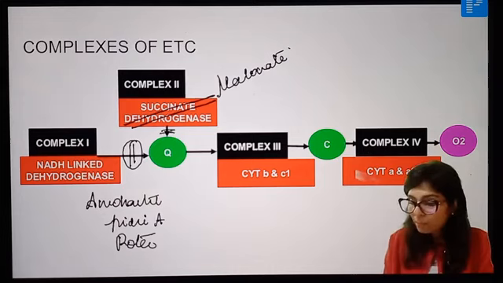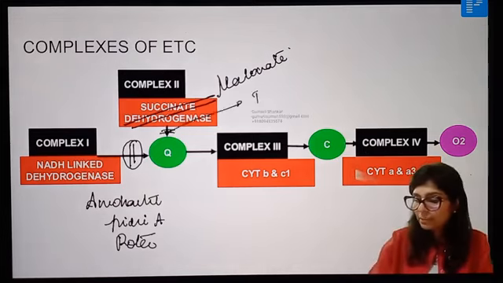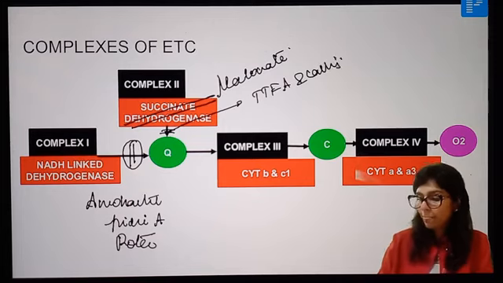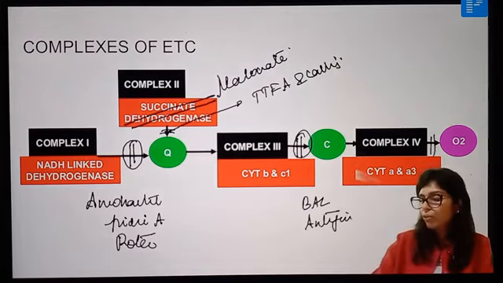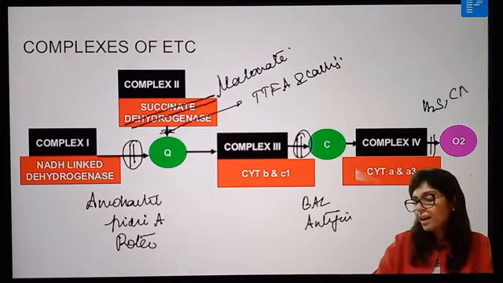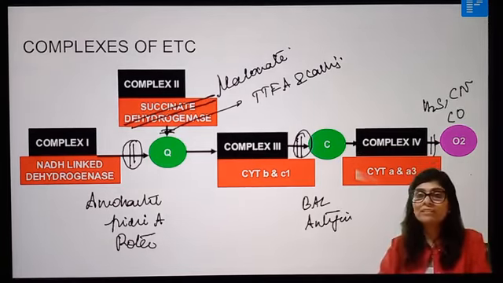Electron transport between 2 and Q is inhibited by TTFA and carboxin. Between 3 and C is inhibited by BAL and antimycin. Between 4 and oxygen is inhibited by hydrogen sulfide, cyanide and carbon monoxide.